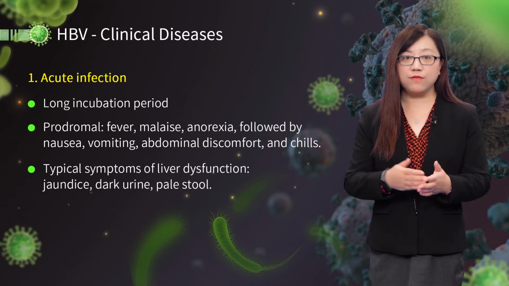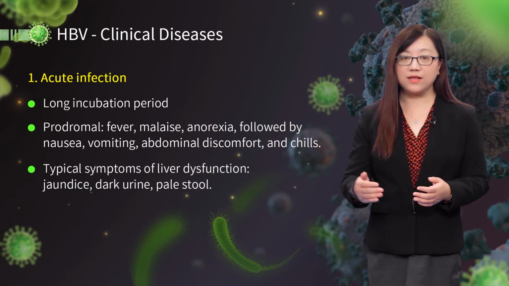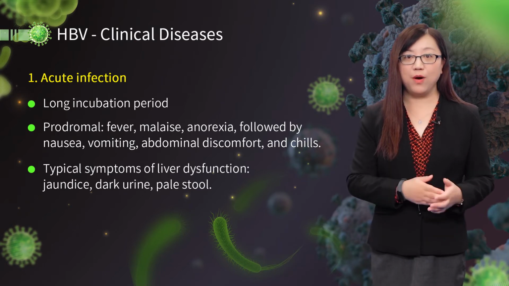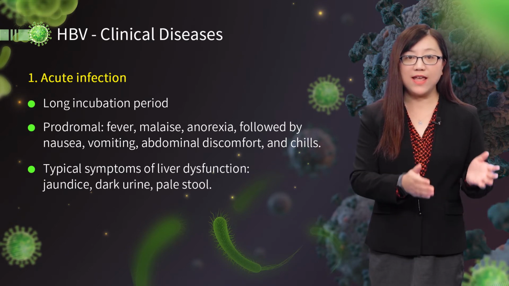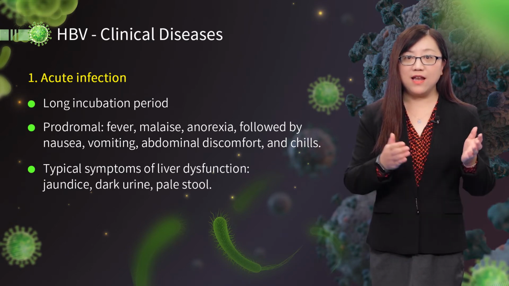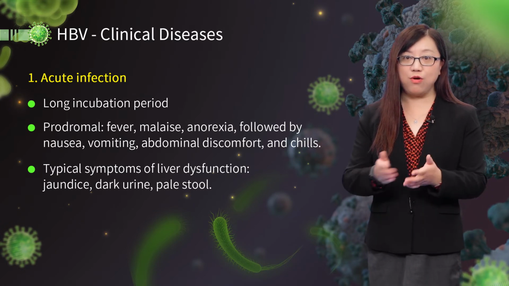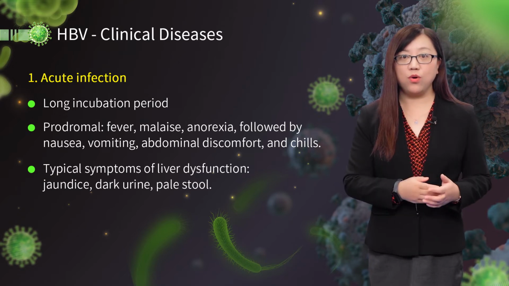Typical symptoms of liver dysfunction: jaundice, dark urine, pale stool. In some people, the hepatitis B virus can also cause a chronic infection that can later develop into hepatic cirrhosis, scarring, and hardening, or liver cancer.